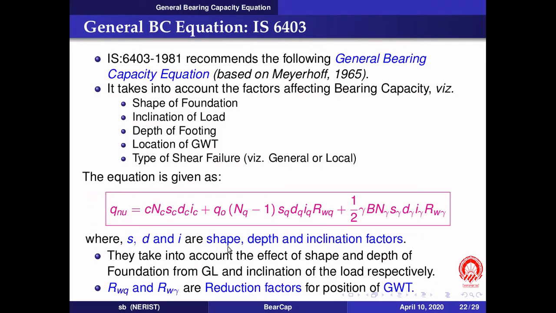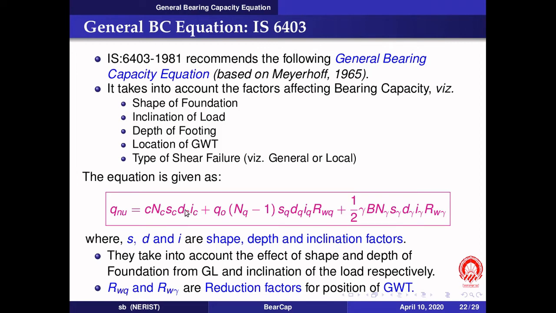And this equation is given as this: the net ultimate bearing capacity is the same as the general earlier shown bearing capacity equation, but they are multiplied by some correction factors due to the shape of the footing, depth of the footing, and inclination of the load.